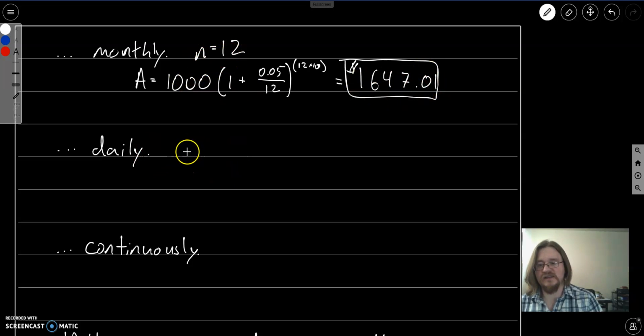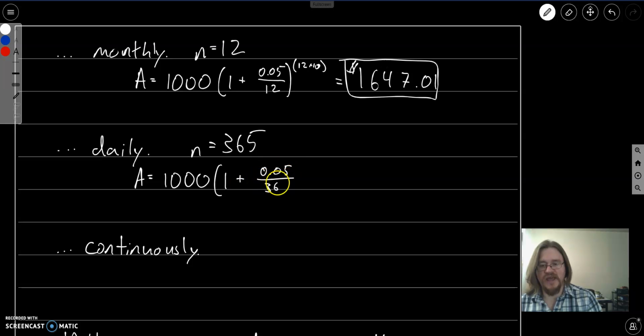If we do this daily, well, there are 365 days in a year. So our account balance is going to be our principal times 1 plus our APR divided by how many times a year are we going to be compounding this, raised to the, well, how many times a year are we compounding this times the number of years that we're doing this.